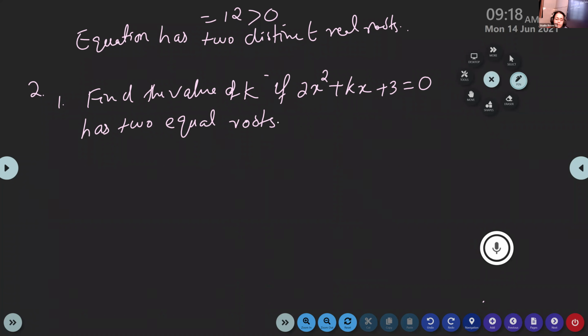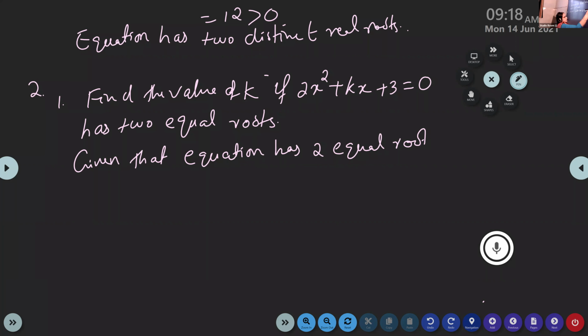We know what is the condition for two equal roots, isn't it? What is the condition for two equal roots? b square minus 4ac equal to 0. So we can write, given that the equation has two equal roots.